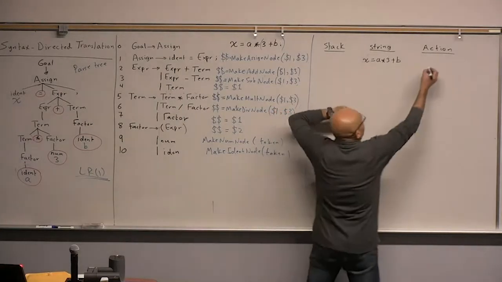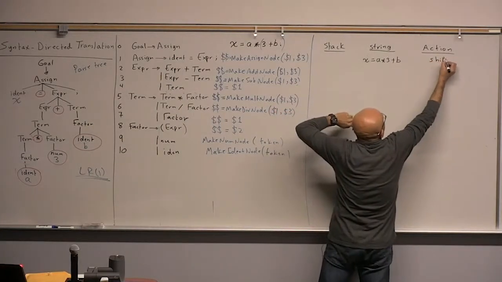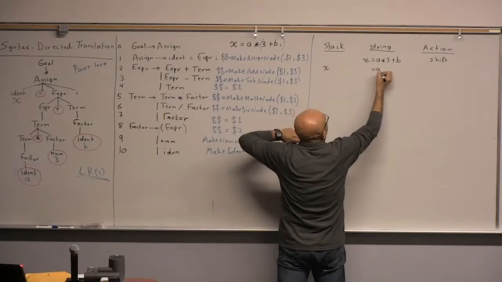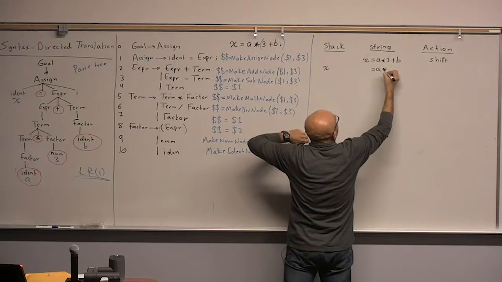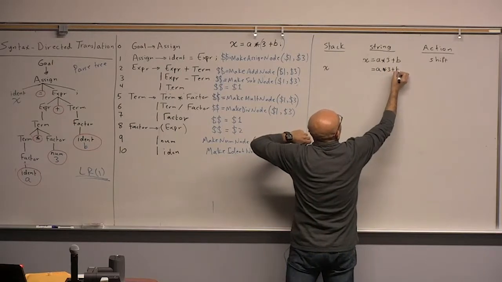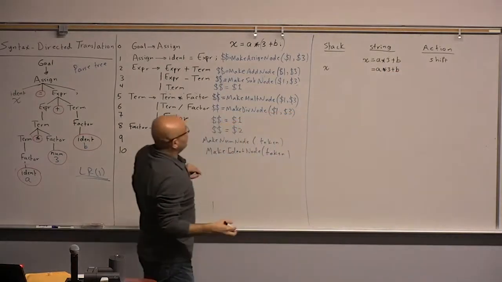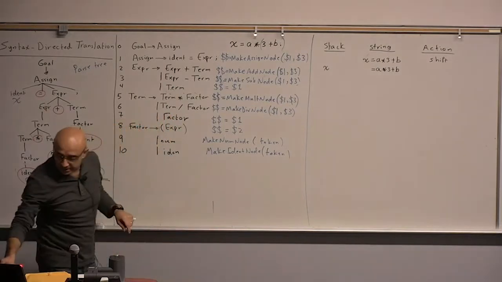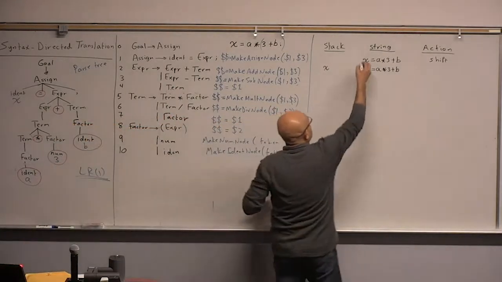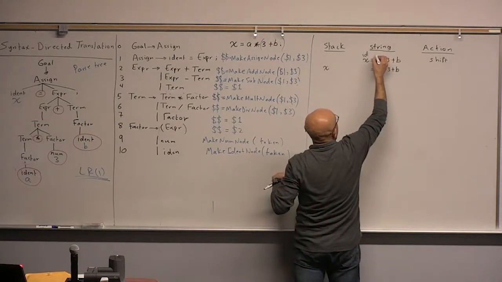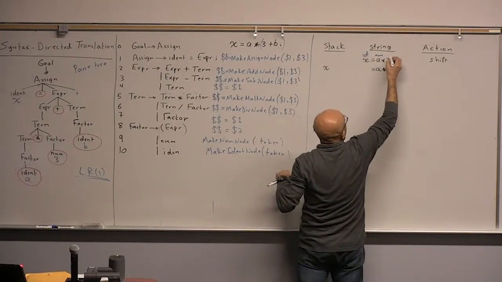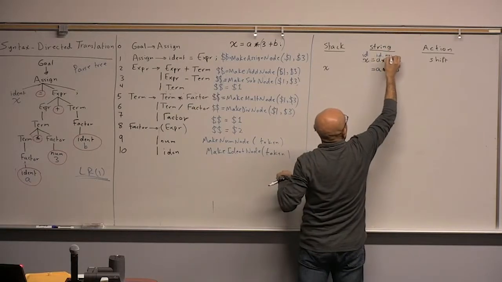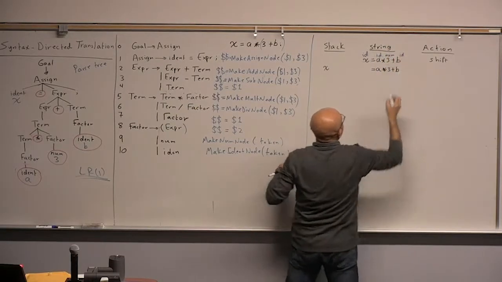After it shifts, we will get x here, and equals a times 3 plus b here. Now x is an identifier, this is a number, this is another identifier, a number, and another identifier.